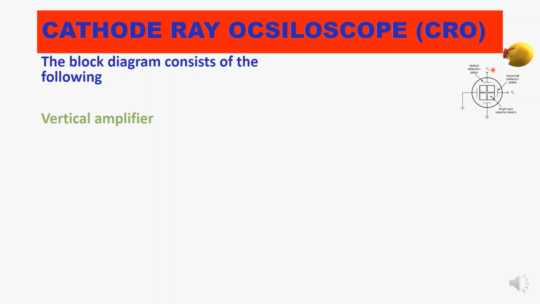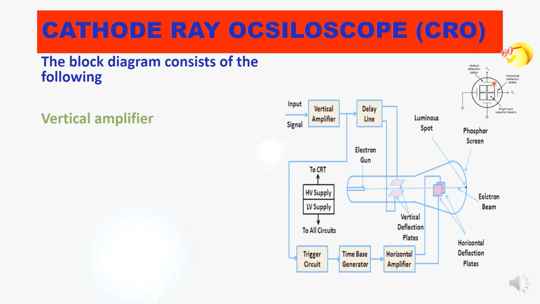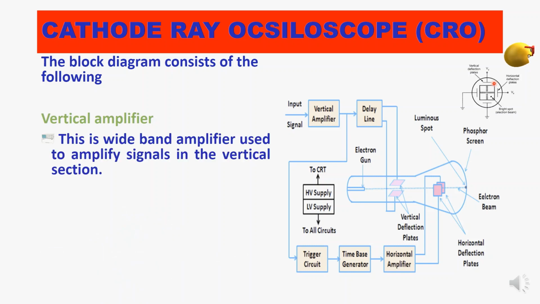So here also the vertical deflection plates are given over here, and horizontal deflection plates will be given over the x axis. So what is vertical amplifier? Through this block also you can understand. Vertical amplifier is a wide band amplifier used to amplify signals in the vertical section.